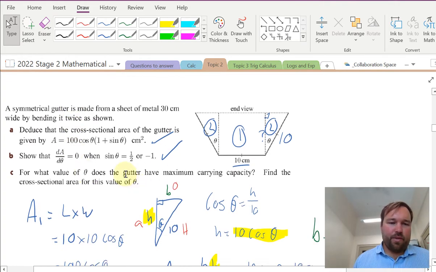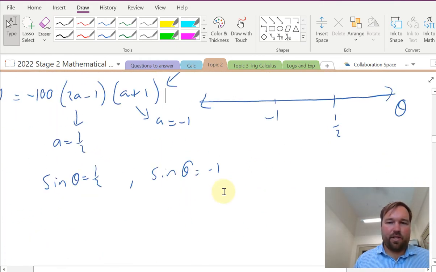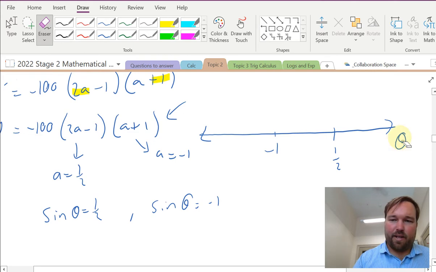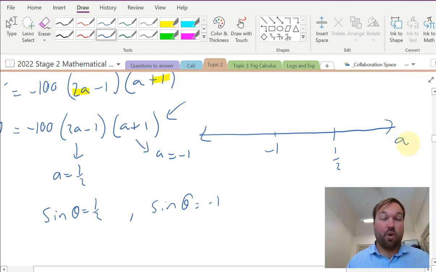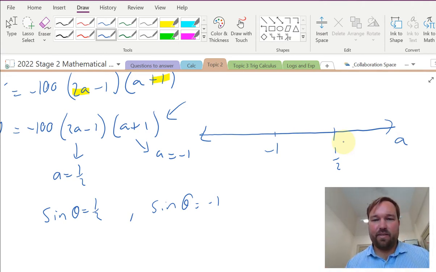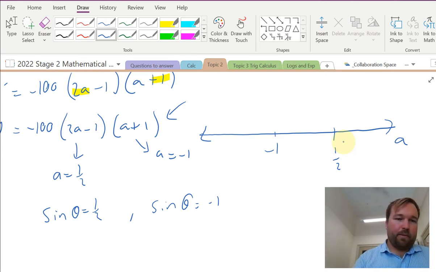Now note, this is actually just doing it with A for now. We haven't solved it yet. I just want to find which one to solve for, and it's much easier to do it with A than it is to do it with theta. So if I sub in 1 here, it'll be positive, positive, and a negative at the end, so negative.